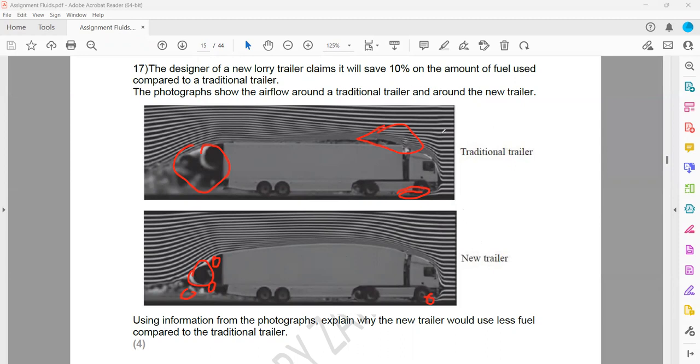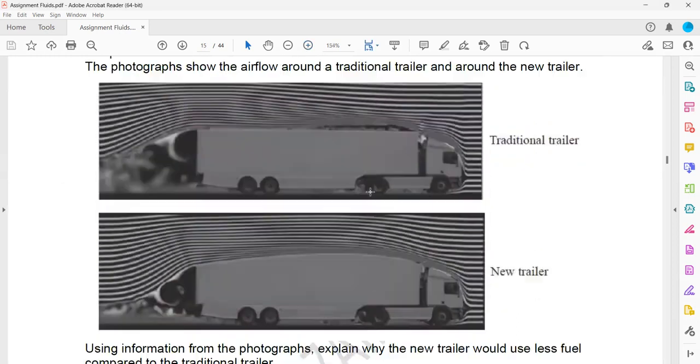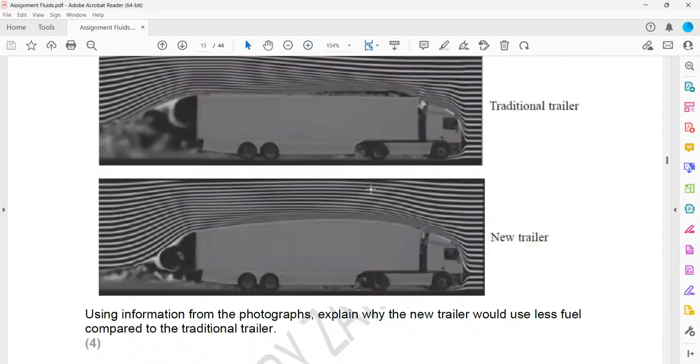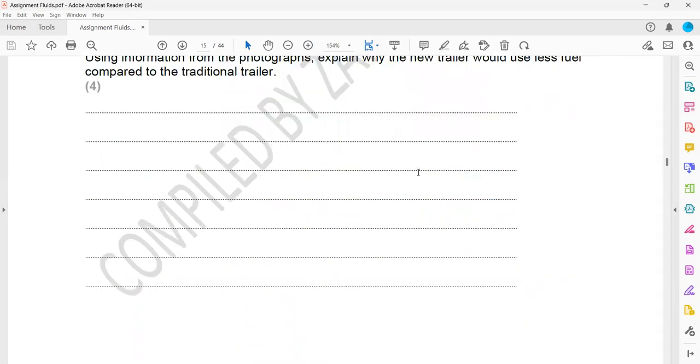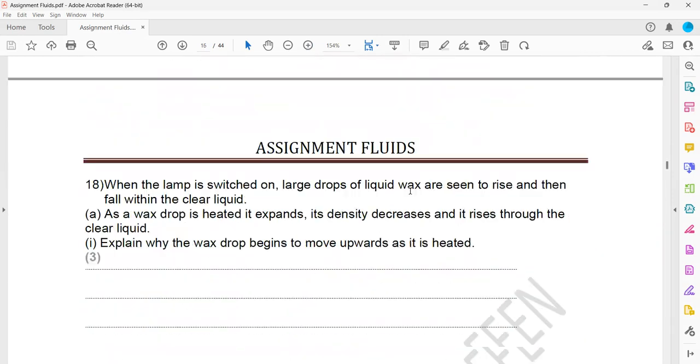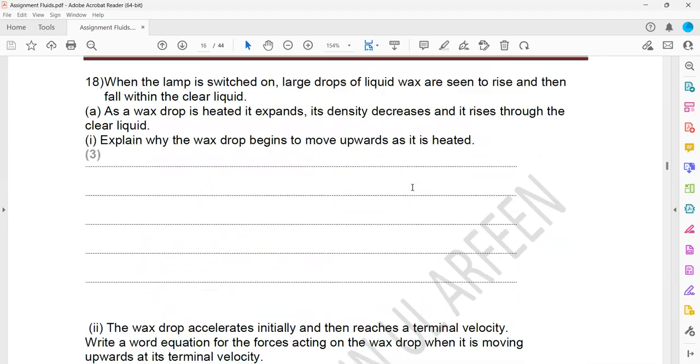Less air resistance in the new design, so less energy is used to work against the friction or air resistance. So more energy is converted into kinetic energy. For the same amount of fuel, it will give a greater mileage, or more distance, that the trailer will cover for an equal amount of fuel added to the new or the old trailer.